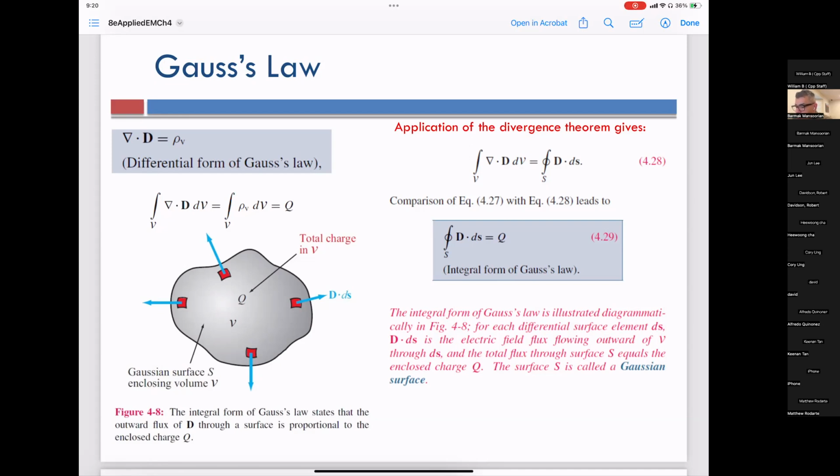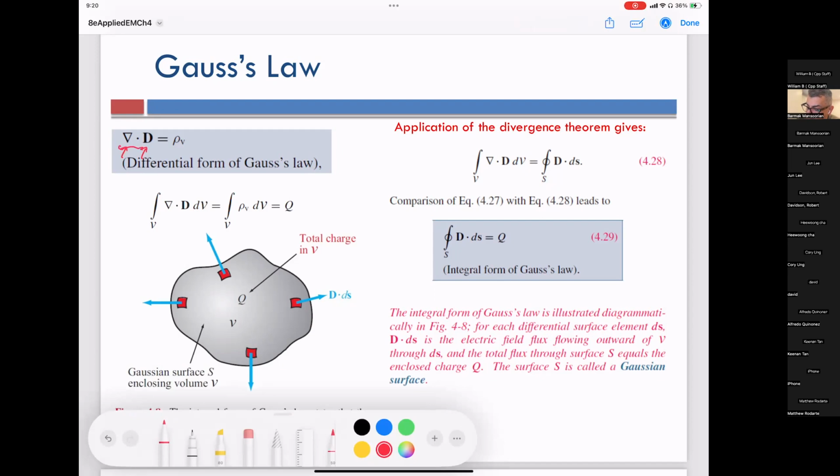So Gauss's law is what made it into Maxwell's equations. Although Coulomb's law is really fundamental for electric fields and electric force, Gauss's law isn't really a fundamental law, but it's quite useful and it's what ended up in Maxwell's equations: the divergence of the electric flux density is equal to the charge density.